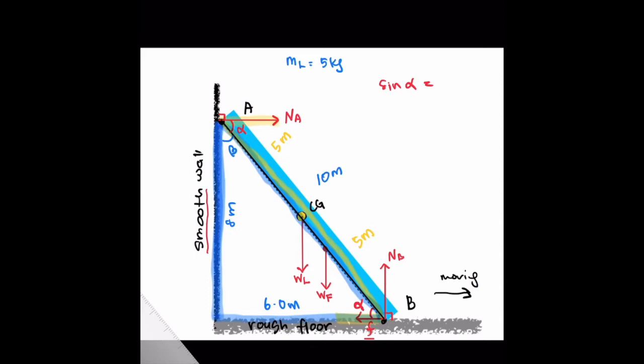Sine alpha is 8 over 10, so sine alpha is 0.8. For sine beta, it is equal to 6 over 10, so we get 0.6. If you want the angle beta, use shift sine 0.6.